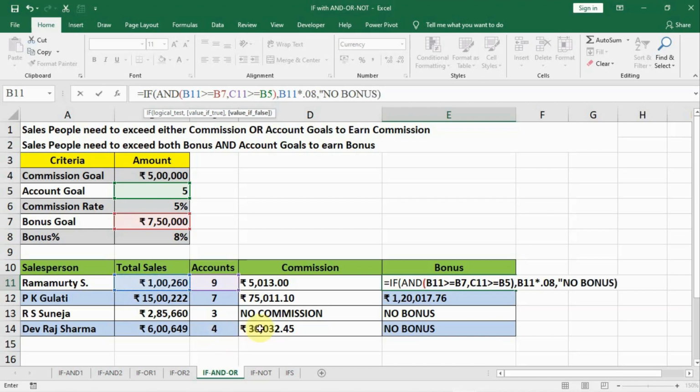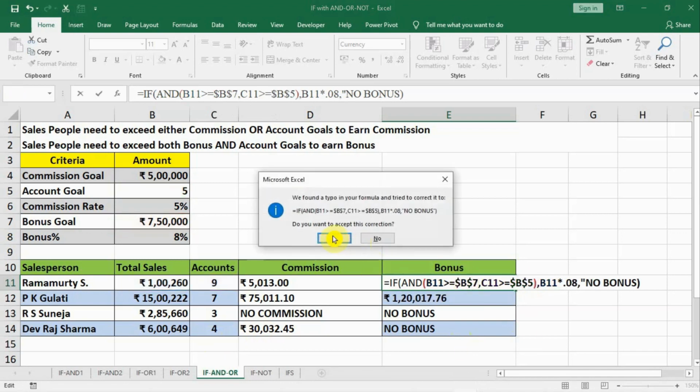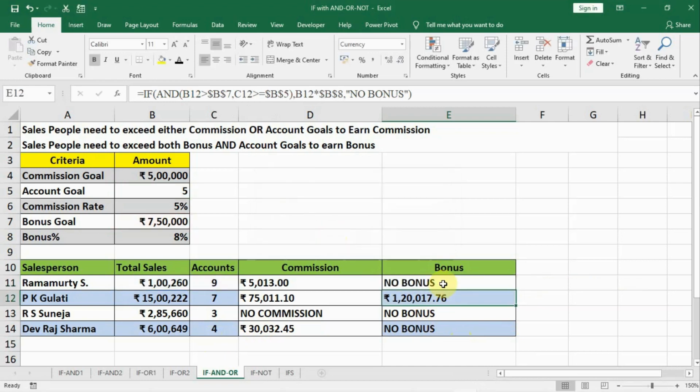And bracket close. What we have left out here is again B5 and B7 have to be fixed referencing, right? Absolute referencing. We'll press enter, and yes, we'll make a change, right? First case is no bonus because the account goal is not matched, and we'll copy it down.